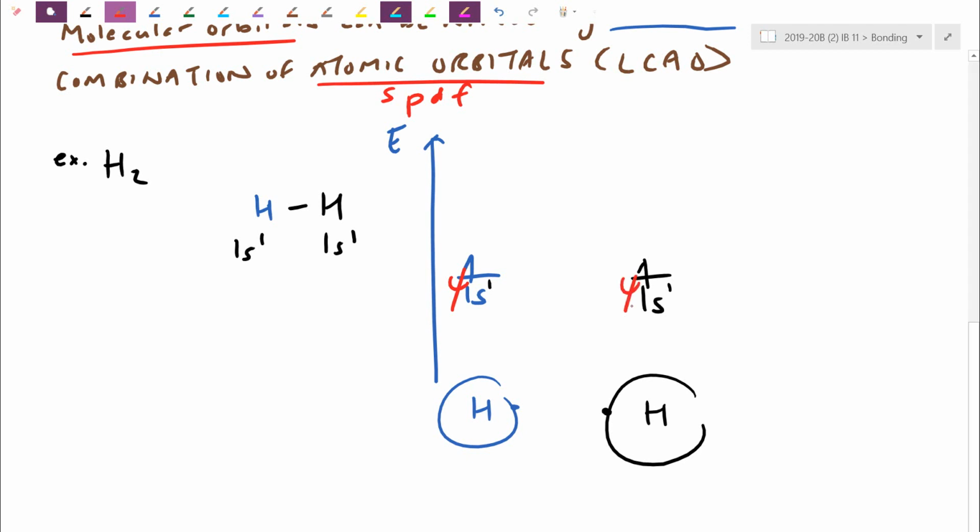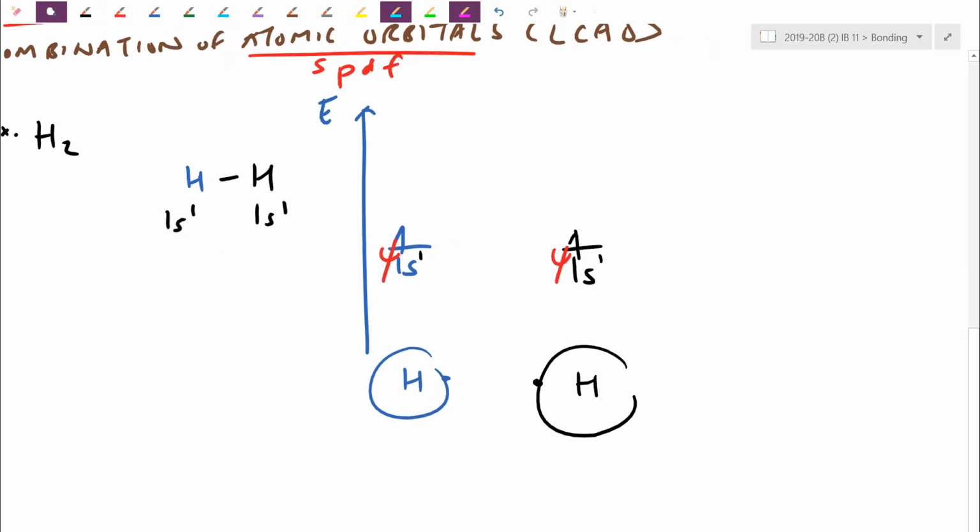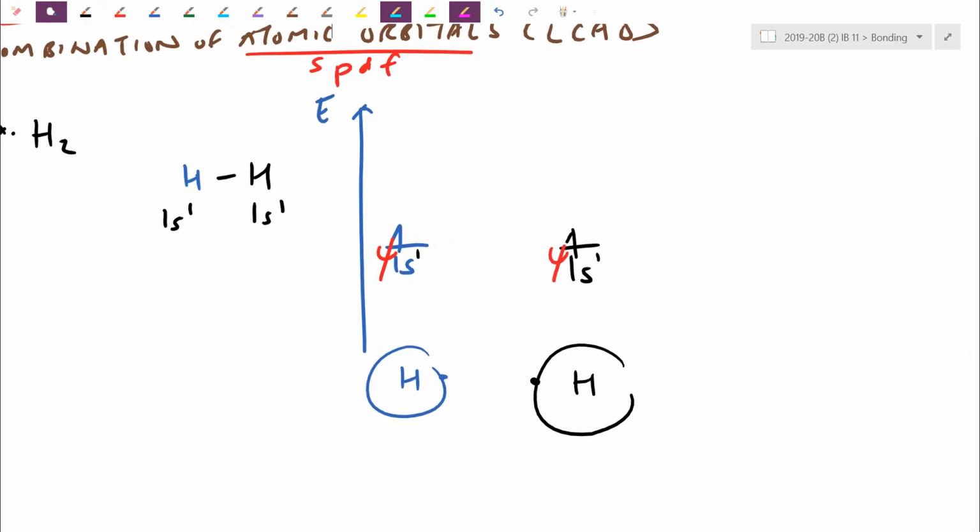There again is a wave function for the other 1s. Those wave functions would be identical. And what we're going to do, again, with lots of math behind the scenes, is blend them. I'm going to mix the wave function for 1s on this side and the wave function for 1s on this side. I'm going to blend these 2 together. And my math is going to actually give me a sigma 1s orbital.